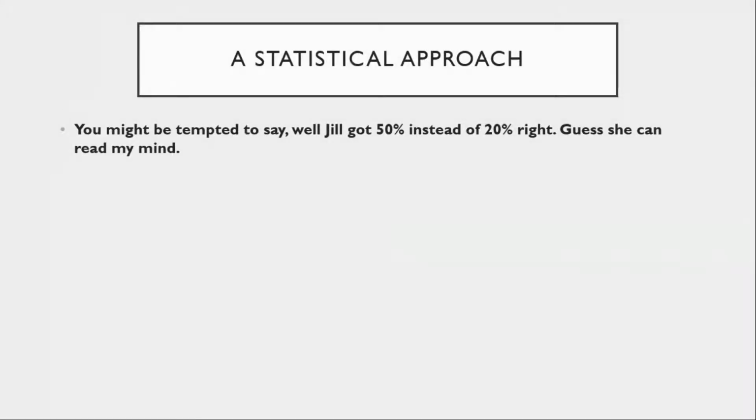Now, you might be tempted to say, well, she just proved it, right? She read our minds. She got 50% correct. But that's really not taking into account something that probably already sprung to mind for most of you, and that's that there's a chance she could have guessed all of them right.